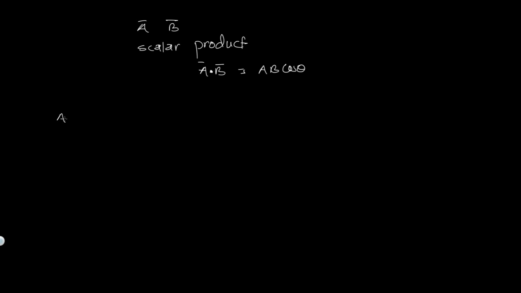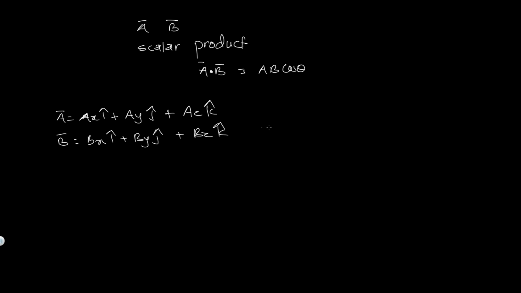Suppose I have a as ax i plus ay j plus az k in terms of i, j, k vectors. Similarly, I have b vector as bx i plus by j plus bz k.